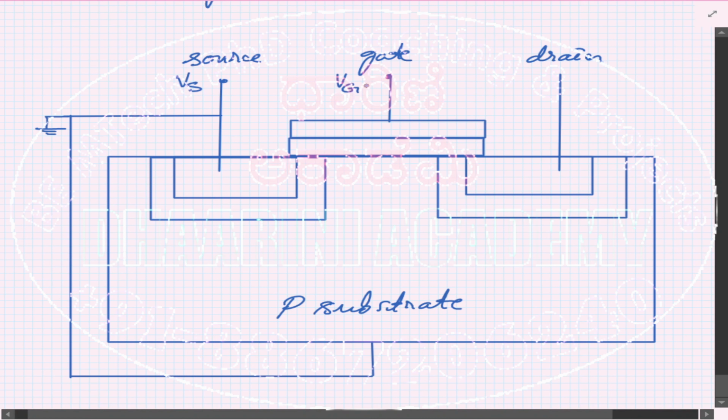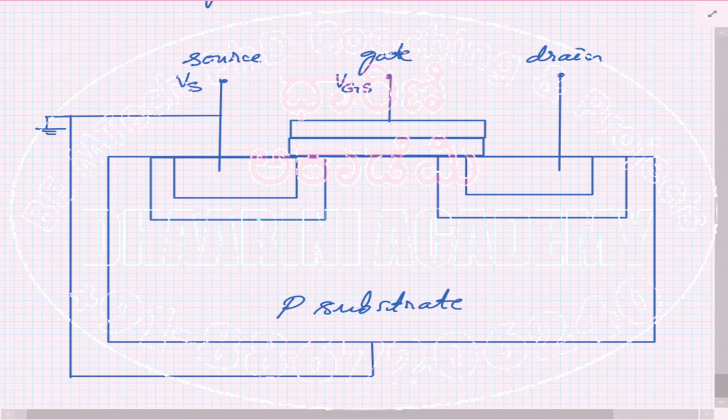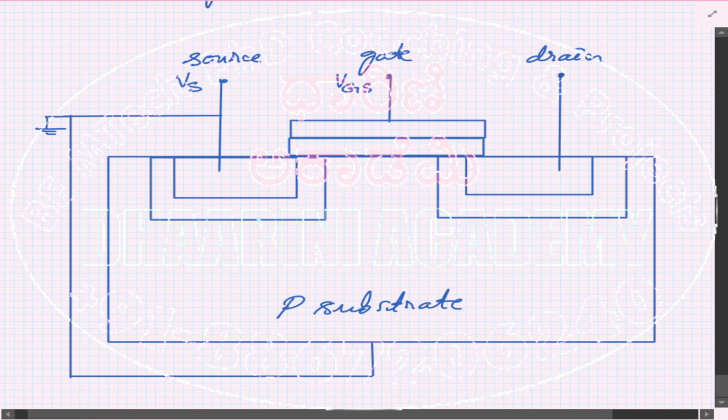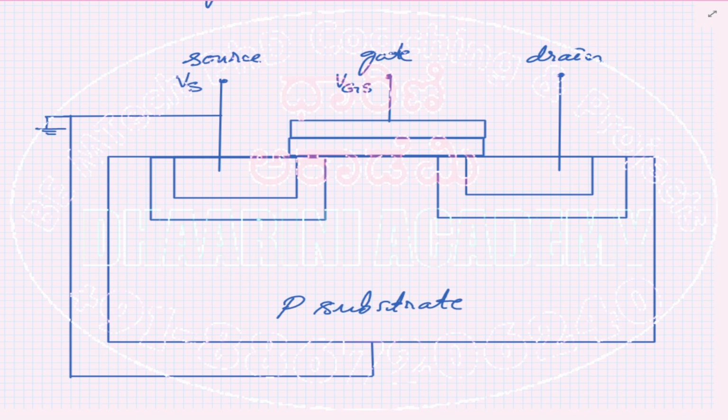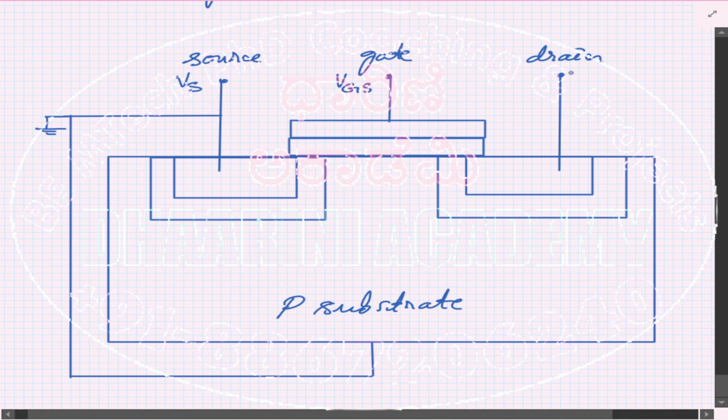It is called VGS because source is already grounded. So whether you call it VG or VGS, it is one and the same. It is in the MOS transistor theory of the first chapter. And the drain voltage, whatever you apply, we denote as VD.